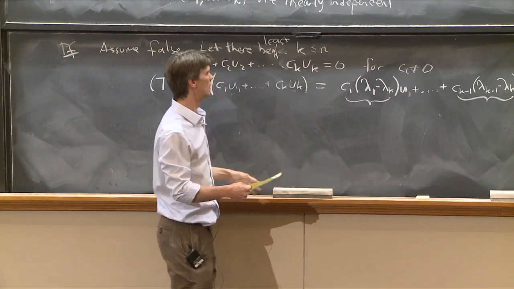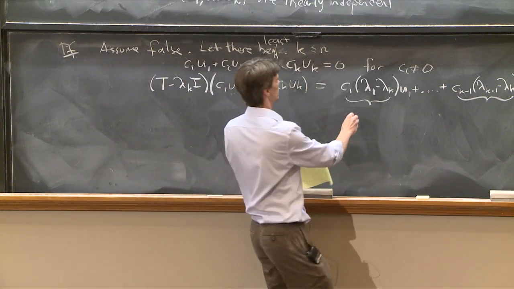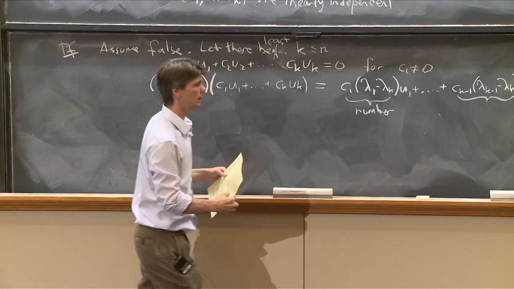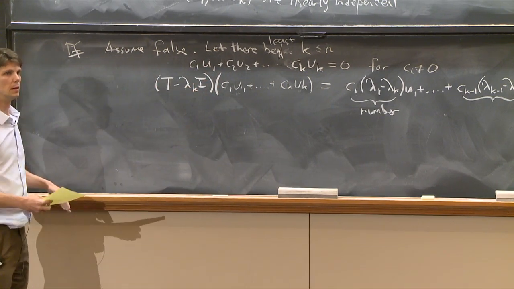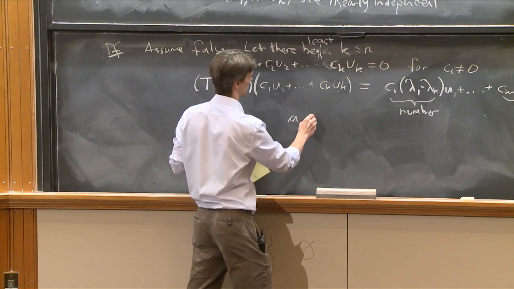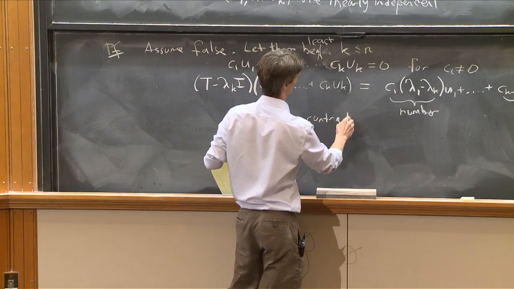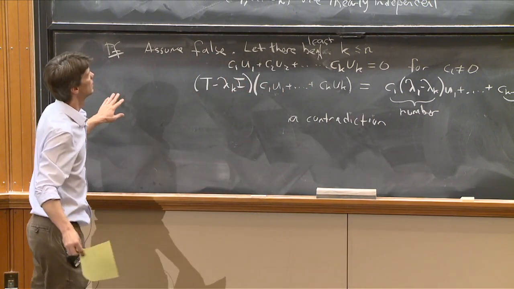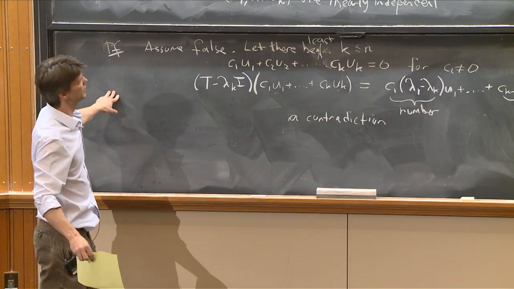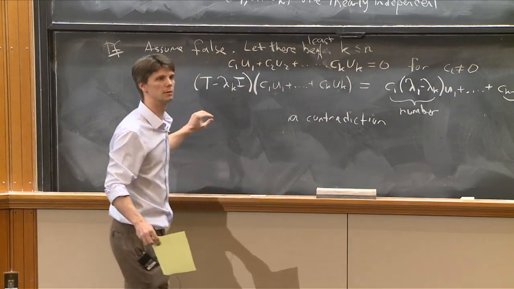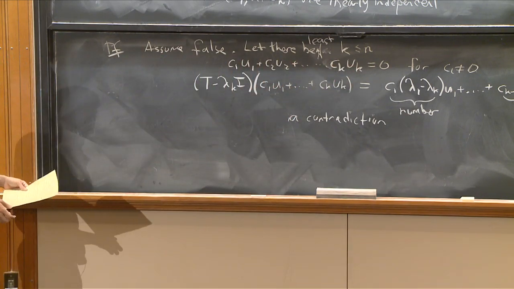So we've contradicted what we assumed to start with, and you can just repeat this procedure. And so this is a contradiction. So in fact there must be no non-trivial relation, even for k equals n, between these vectors. Okay?